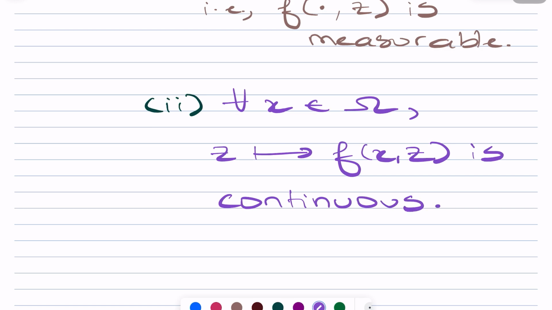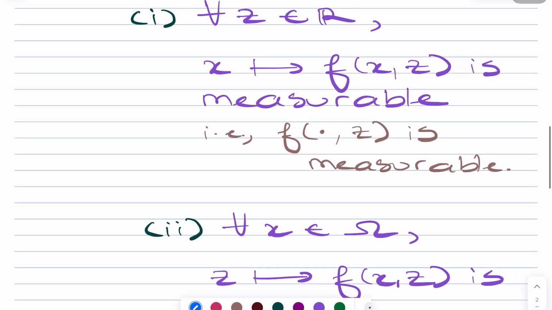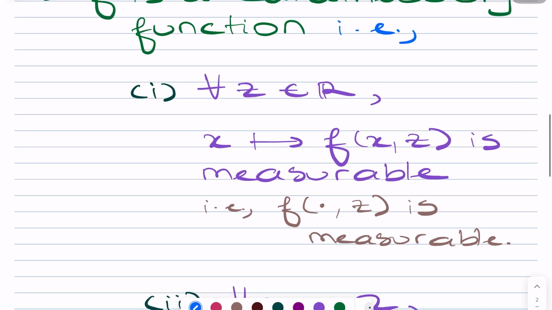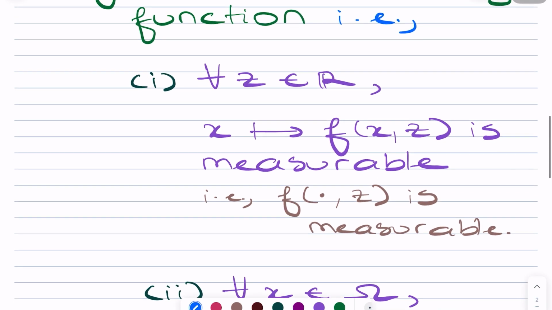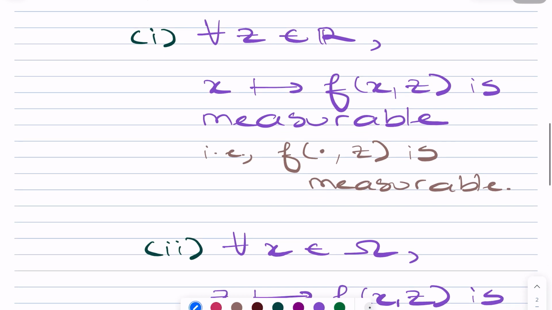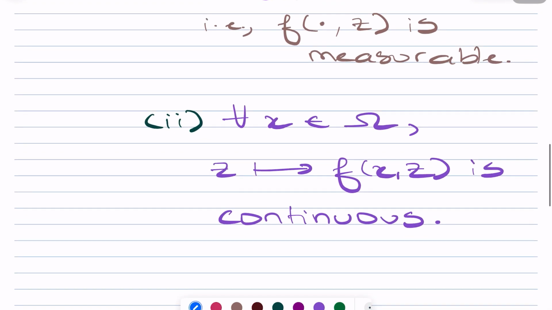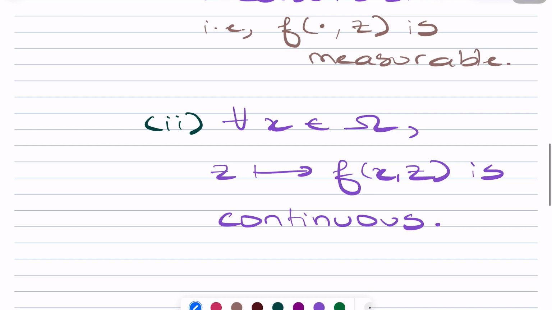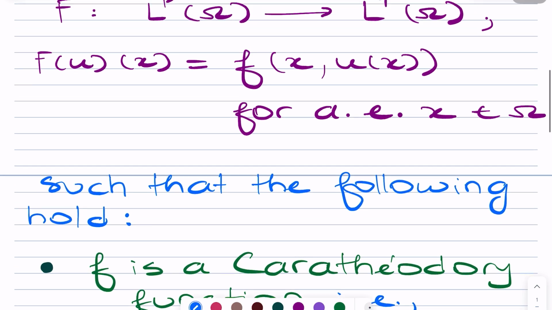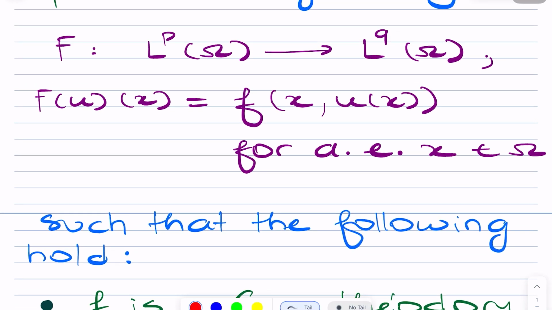Okay, well, f is a Caratheodory function, so that means little f as a function of x is measurable and as a function of z is continuous. But this alone is not enough to ensure that our function F is well defined.